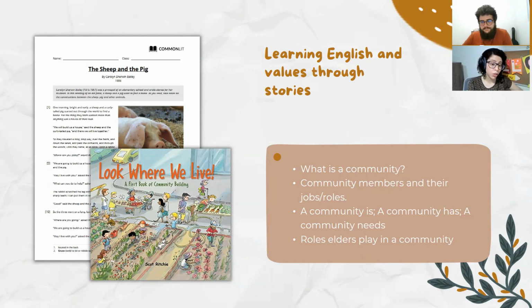We have the jobs, the roles, and we have some important aspects related to community: a community is, a community has, a community needs, and also the roles elders play in a community. Because in the story, we're going to see that the children go to a retirement home to visit some people, some elders.